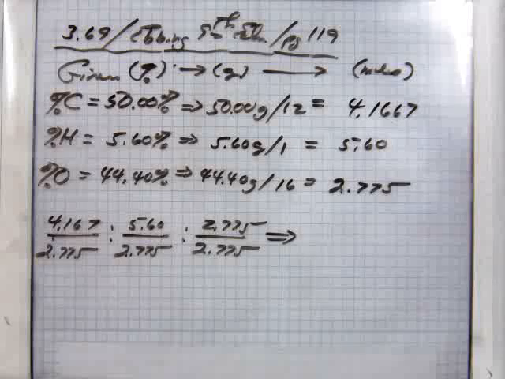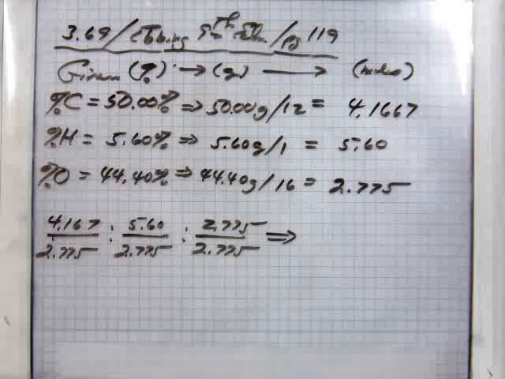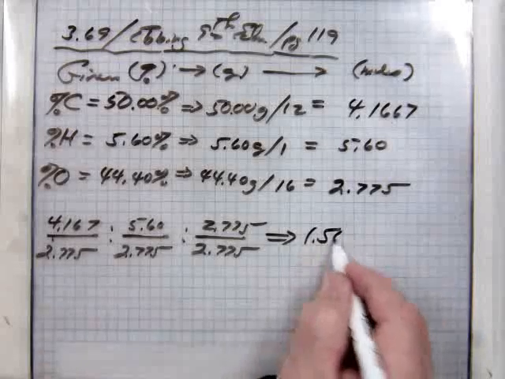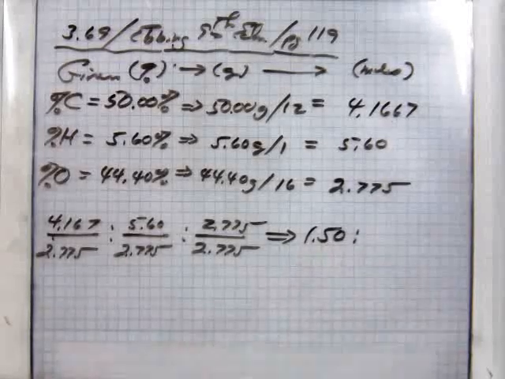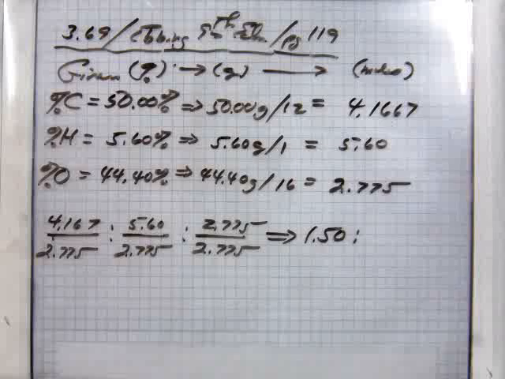So 4.167 is 1.50 to 5.6 divided by 2.775, and that's 2.